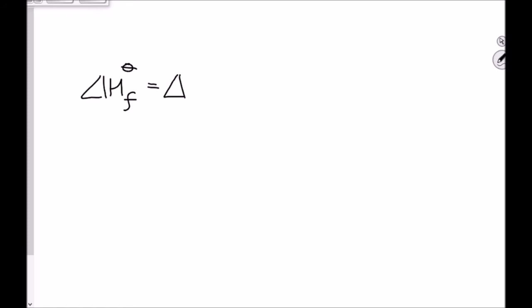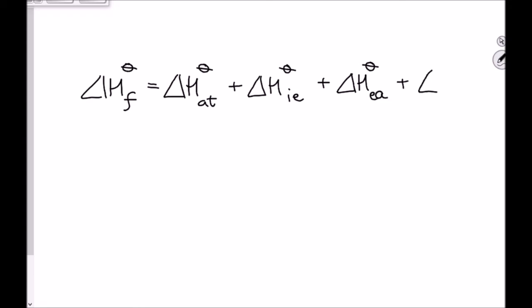The enthalpy change of formation is equal, if we go round the other side of the cycle, to the enthalpy changes of atomization, both of them in that case, and the enthalpy change of the ionization energy. Then the enthalpy change for the electron affinity, Ea, we'll just put that in. And the final step is the lattice enthalpy.